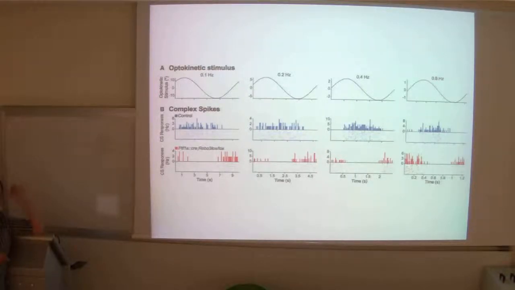It's a good point. Did they give any explanation for why in control the complex spikes are somewhat locked to the peak or falling component of the stimulus? No, I think apparently it's a well-known phenomenon. The optokinetic reflex and the VOR are two classical paradigms in cerebellar behavior and physiology, along with eye blink conditioning.